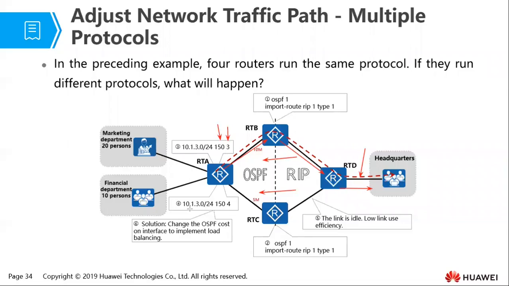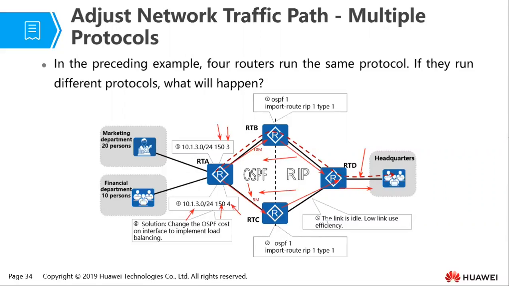But on number 4 here, we also have a route to the same destination, the headquarters, with a preference of 150 and a cost of 4. Maybe that is the one that can follow this path, because this one has a lower bandwidth. That's why it's a higher cost.